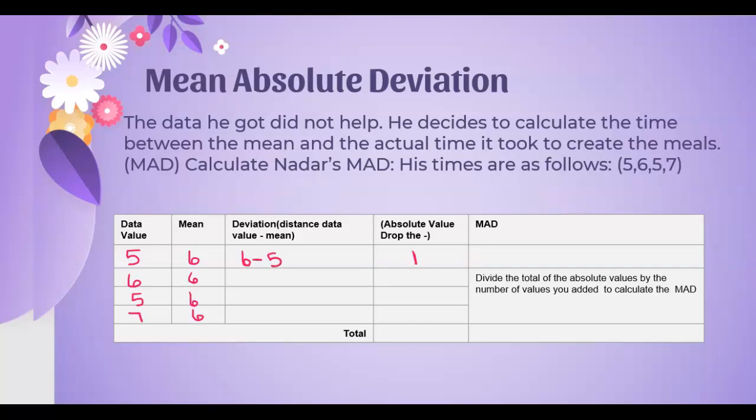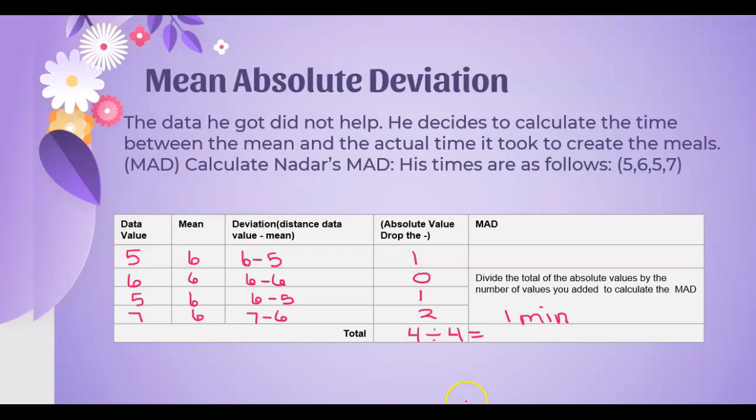This is 1. 6 minus 6 is 0. 6 minus 5 is 1. It looks like he's more consistent. 7 minus 6 is 1. So his absolute deviations add up to 4, and we're going to divide that by 4. So his MAD, his mean absolute deviation, is 1 minute.